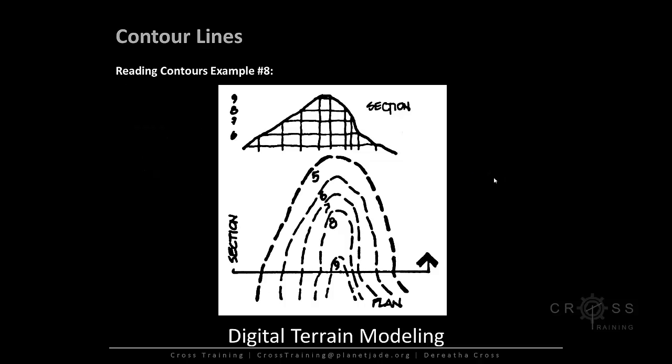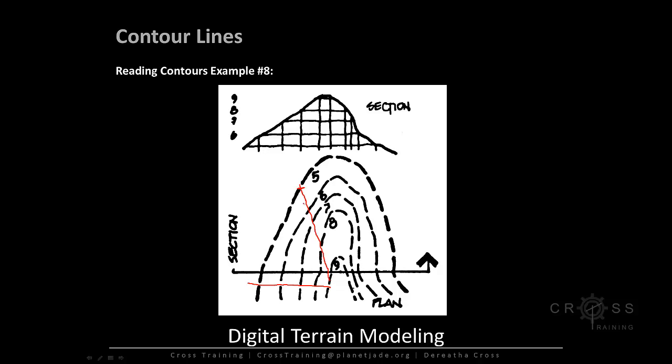So if you go back here and we look at this, if we drew a line from here to here, and then we drew another line from here to here, we know that that second line that we drew is going to be much steeper than that first line, because we can tell from the contour spacing.